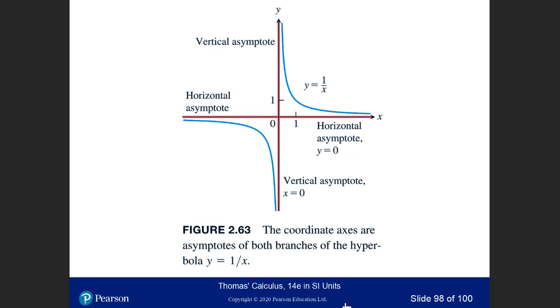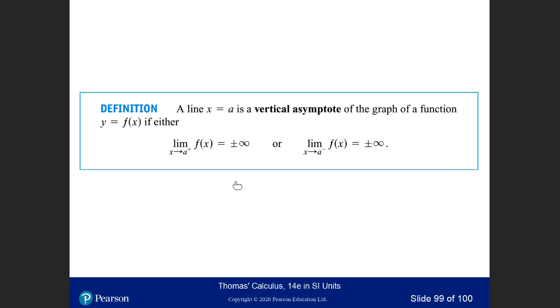The line x is equal to a is a vertical asymptote of the graph of a function if either the limit as x goes to a from the right-hand side is plus or minus infinity, or as x goes to a from the left-hand side, plus or minus infinity. So these we call vertical asymptote, and they are important for graphing your function.